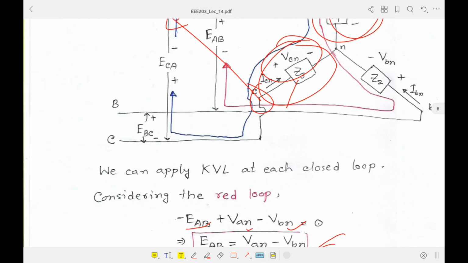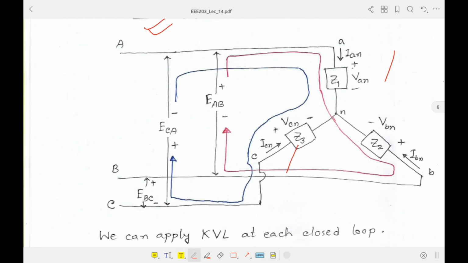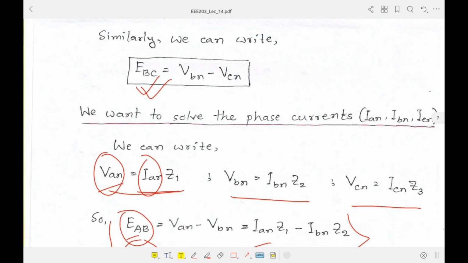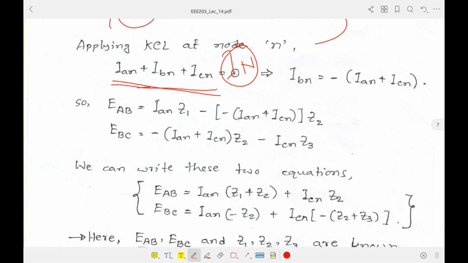If you want to justify it by applying KCL, you can do that too. At point N, ICN is entering, IAN is entering and IBN is entering, so the summation of these three currents should be 0, because the algebraic sum of currents entering and leaving is 0 for KCL. So from there we can write these equal to 0.